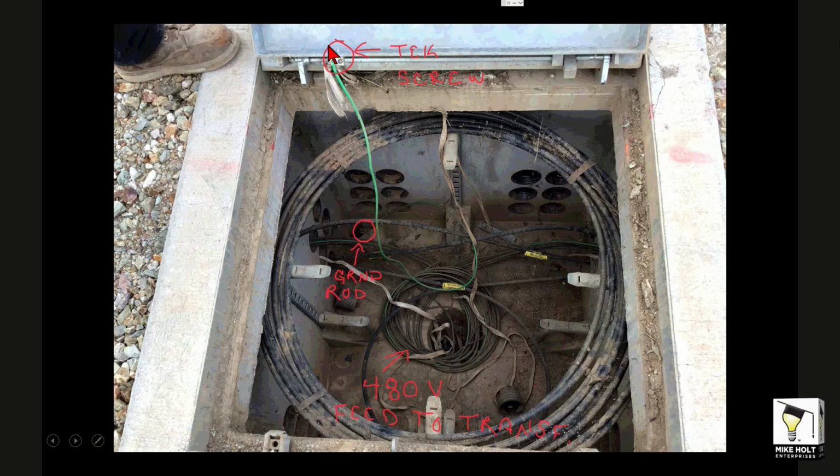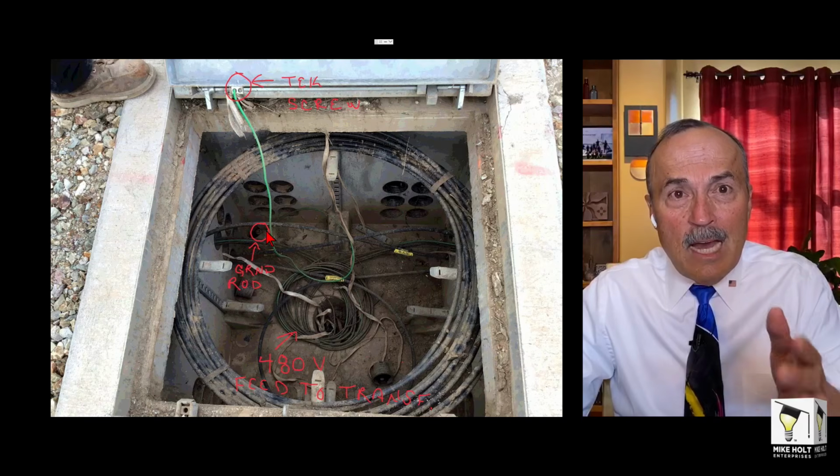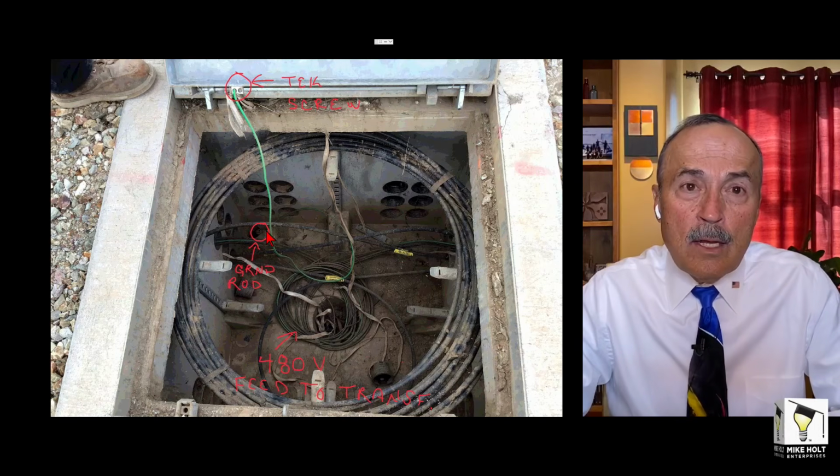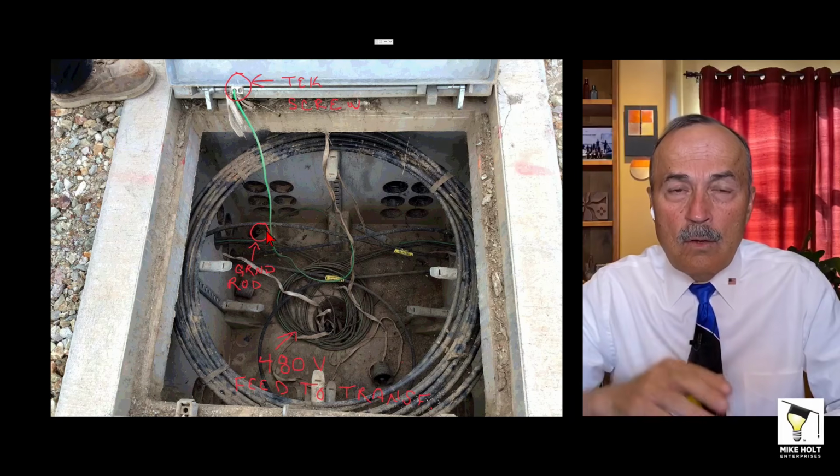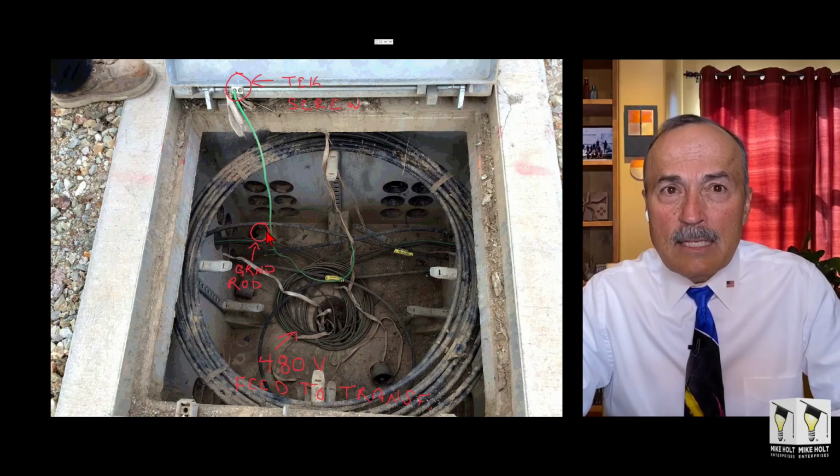You are now going to energize the cover, and will the ground rod serve as part of the effective ground fault current path to clear the fault? Nope. So here you have a design where they think they're doing a good job, but in reality they're creating a hazard.